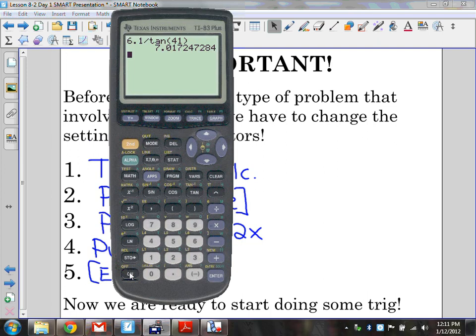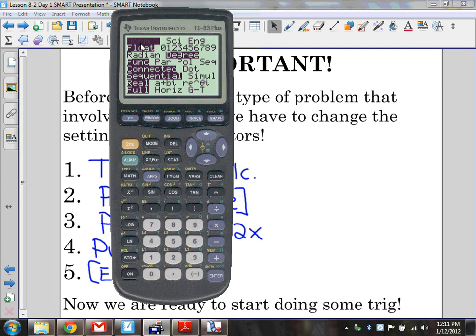Mine's turned off over time. Okay, now, mode. Now, yours probably looks a little bit different. You have everything labeled. If the last class did what they were supposed to, everything should be dark along the left-hand side. So we press the down button twice to go to the line that says radian degree. We push the right arrow key to label degree, and then we press enter. And when it's dark and blinking, that means that you've set this up correctly. Your calculator's now in degrees.